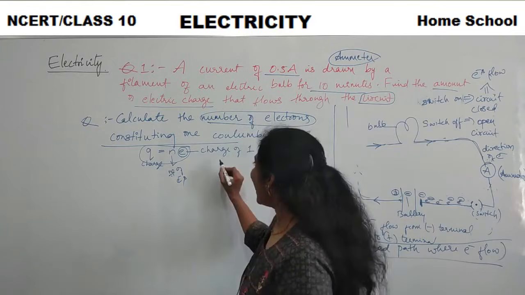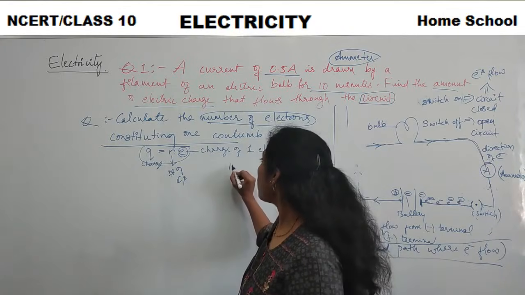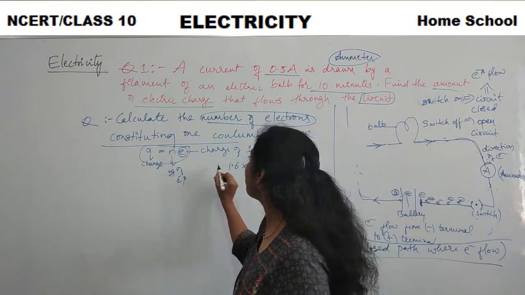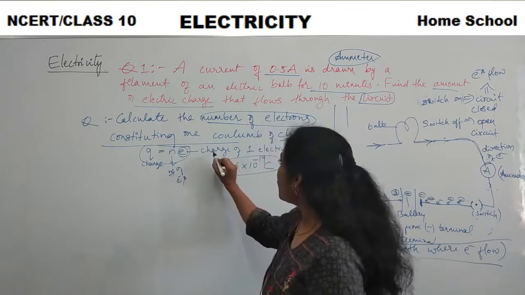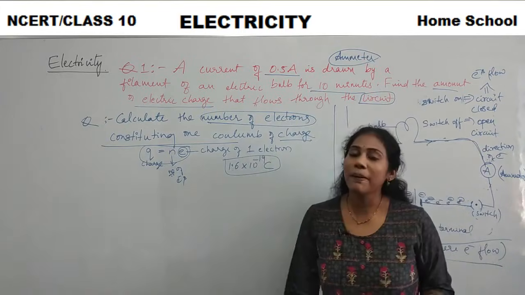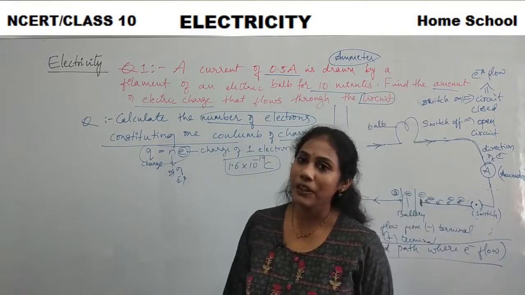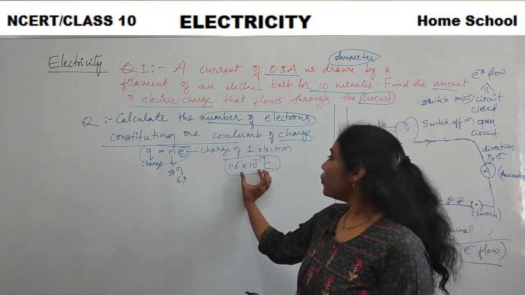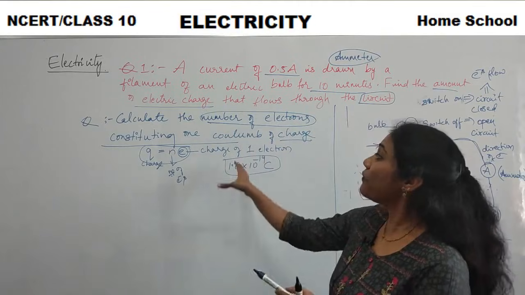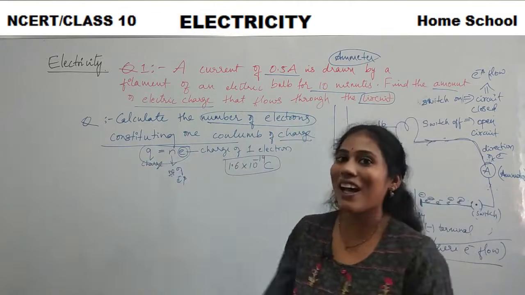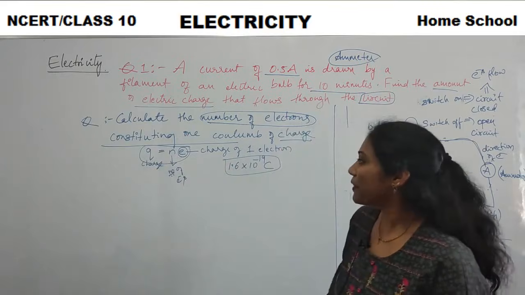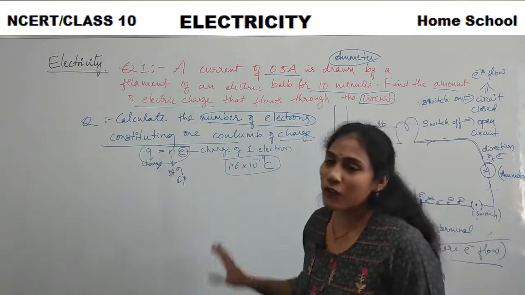Okay, so charge of 1 electron is 1.6 into 10 to the power of minus 19 coulomb. Remember this value, guys. So this much coulomb of charge means 1 electron. So 1 coulomb of charge will have how many electrons? Normally we use this formula, but you need not use this formula.